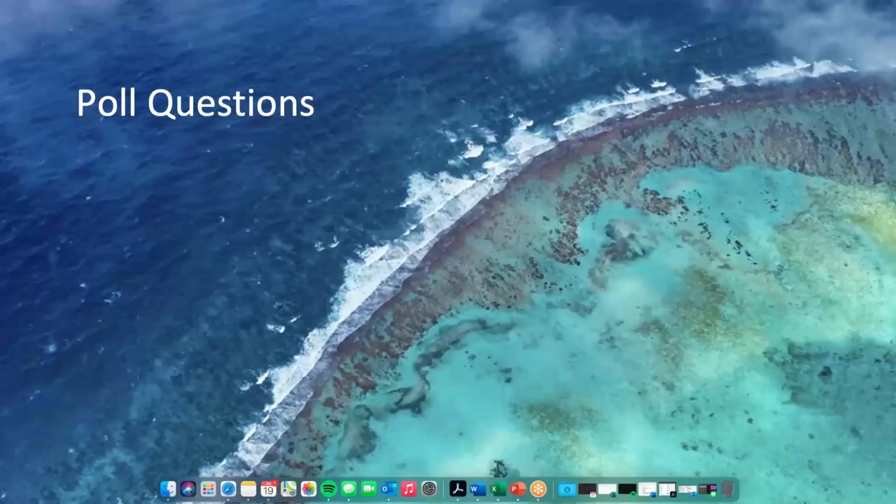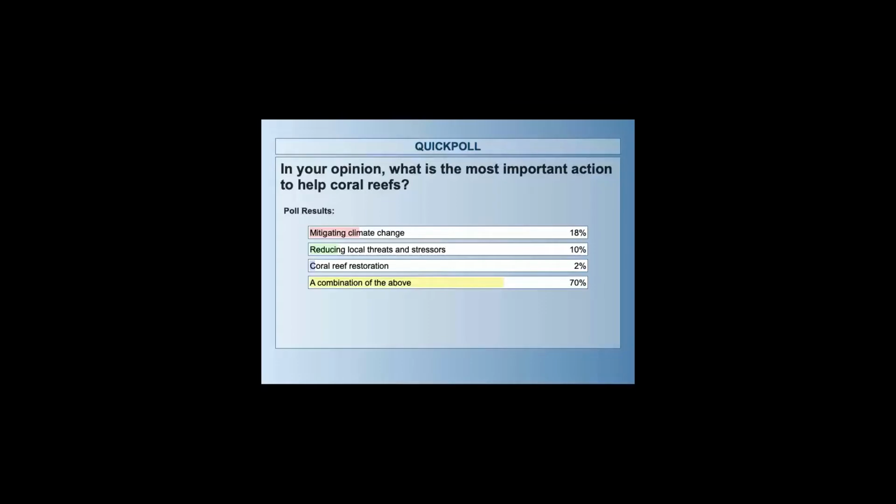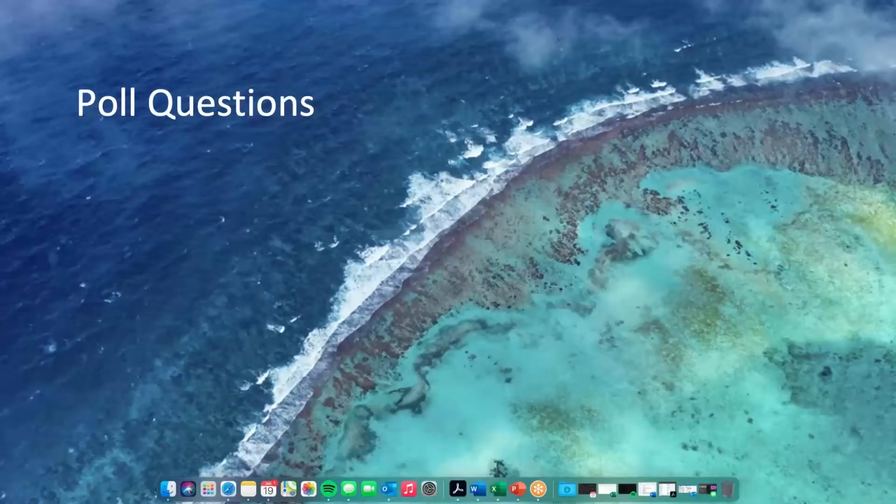All right. The vast majority, 70% of you, said a combination of all three. And then followed by mitigating climate change. 10% said reducing local threats and 2% said coral reef restoration. It was really interesting. Thank you everyone for answering those polls and telling us a bit about yourselves.